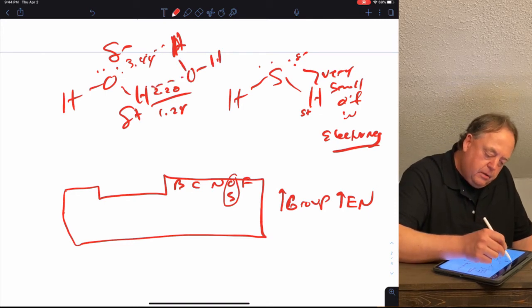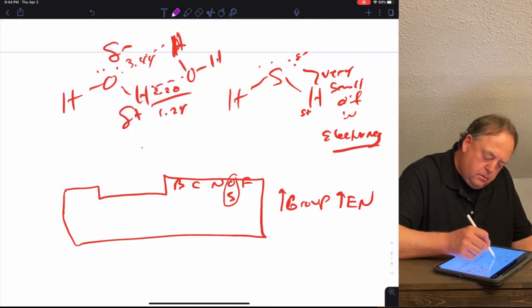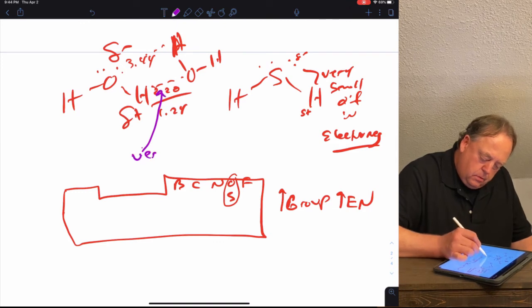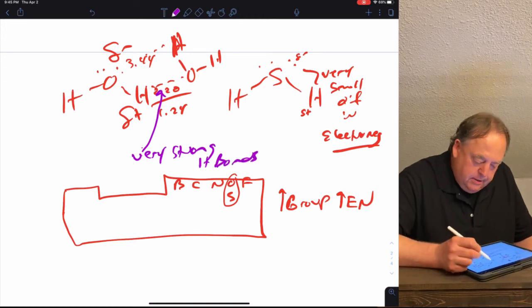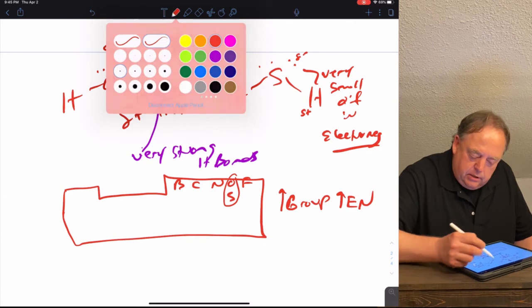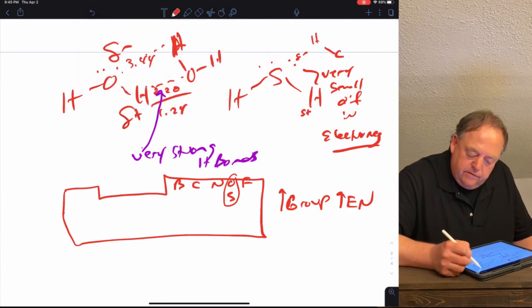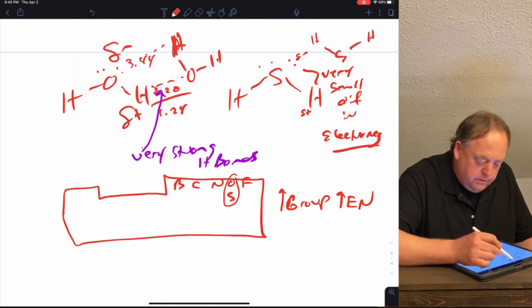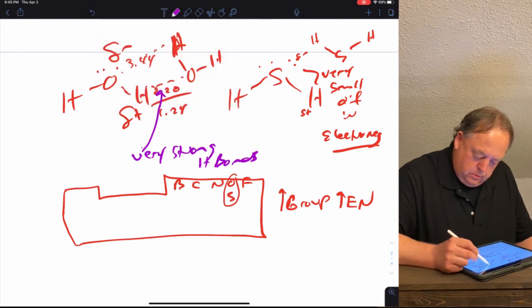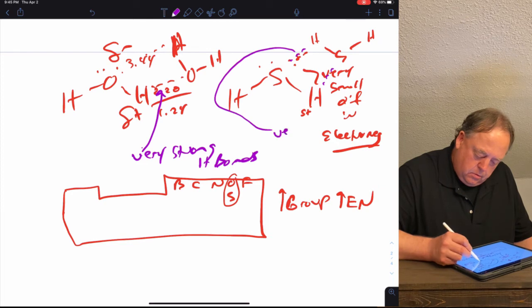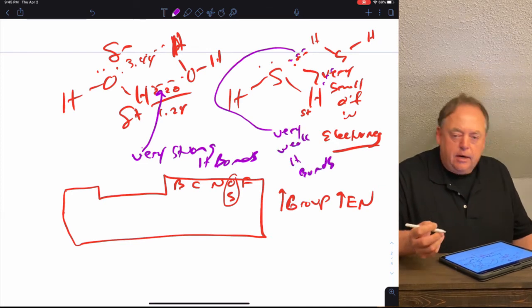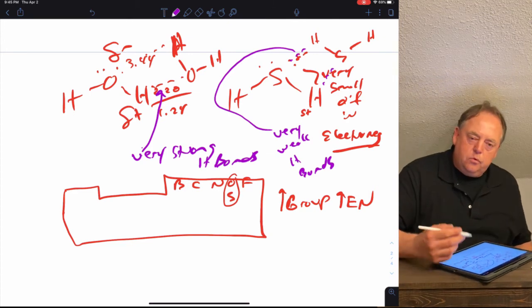So they're going to make very strong hydrogen bonds, whereas H2S, because of the very small difference in electronegativity between hydrogen and sulfur, is going to make very weak hydrogen bonds.